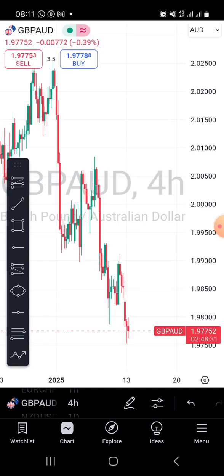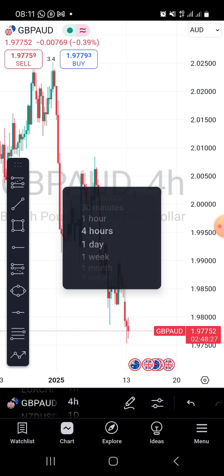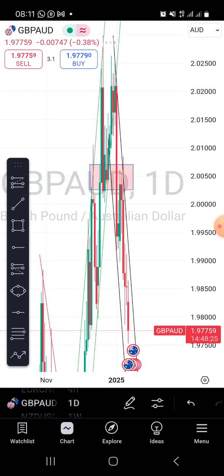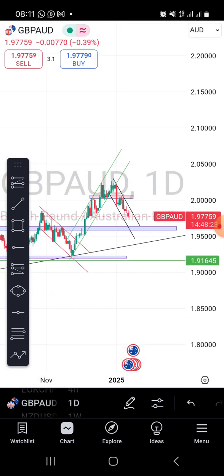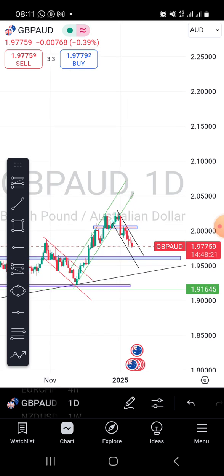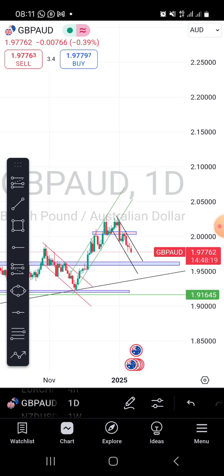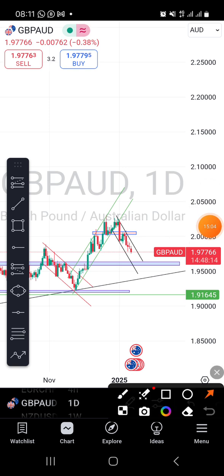The Euro AUD. Let's check the D1. Okay, the Euro AUD moved from the bullish market here to this bearish market.